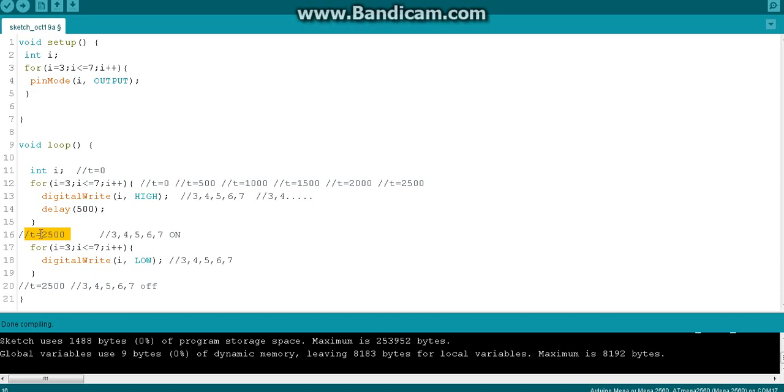So 2000 and 2500. There's at least 500 millisecond delay. So we didn't give the opposite orders at the same time. We gave a time delay. If we give the opposite orders at the same time to Arduino, it will get confused. But there's a time delay, right? 2000 and 2500. I'm only considering this last LED.